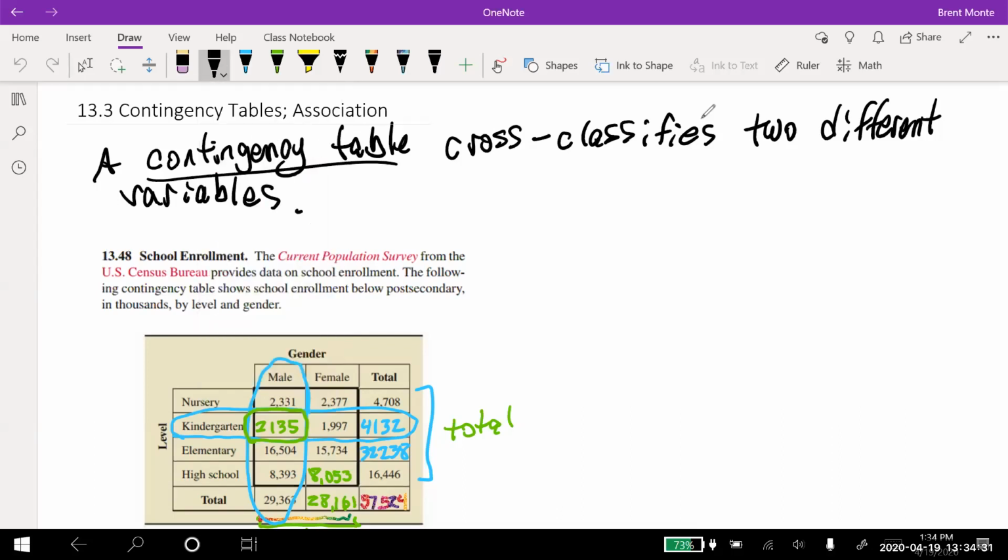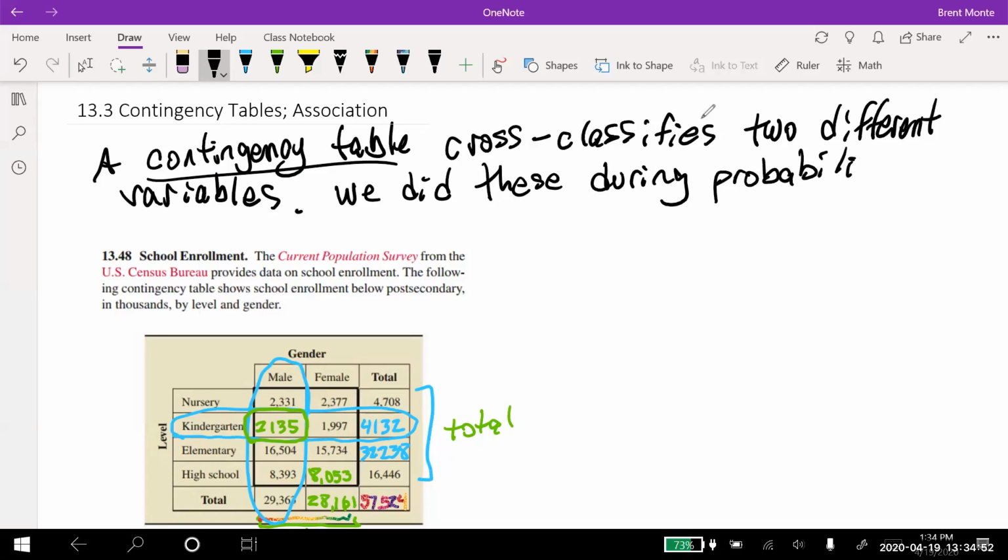Let's try. A contingency table cross-classifies two different variables. We did these tables during probability.